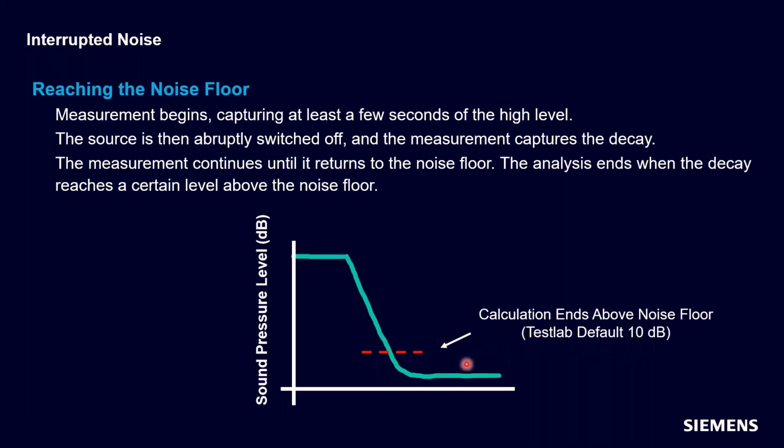Default value is 10 dB to end the calculation. And so we end up measuring this whole signal, but we're only calculating the reverberation time from this 5 dB, I'll call it cutoff point, below the high level time down to this 10 dB value above the noise floor to try and make sure that we have good, clean data and measurements when we're performing the analysis.